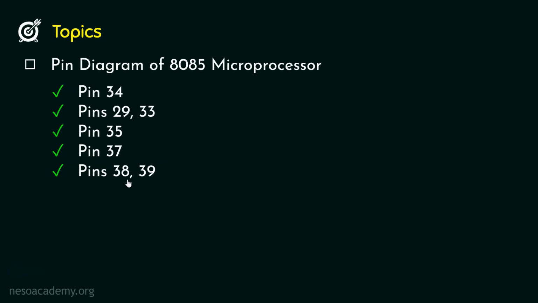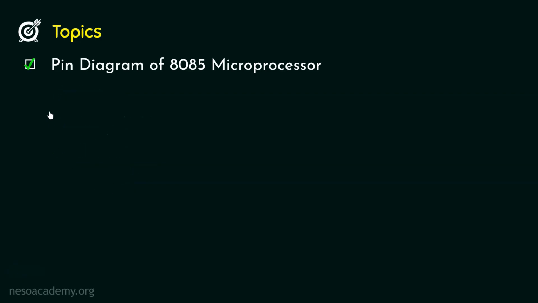Pin number 38 is hold acknowledgement and pin number 39 is hold request. Hold request will be generated by the input-output device for direct memory access, and if the microprocessor acknowledges it, it will activate the pin number 38. With this, in today's session, we covered the entire pin diagram of the 8085 microprocessor.